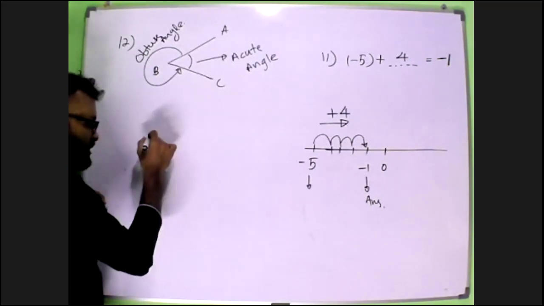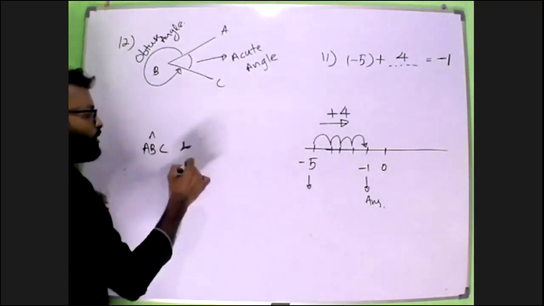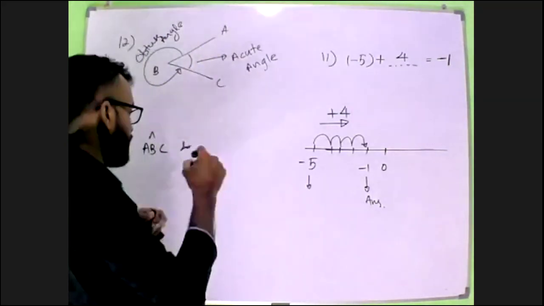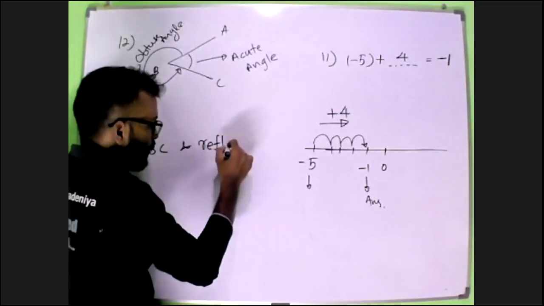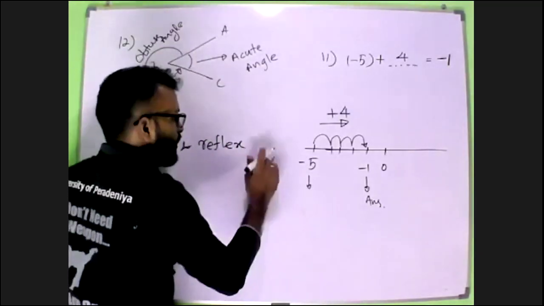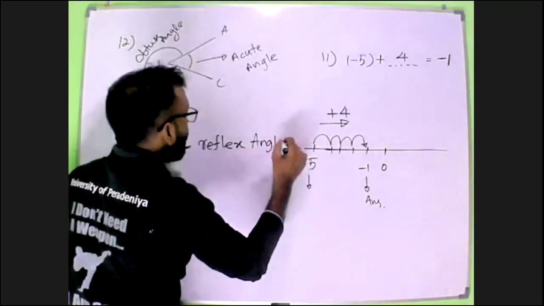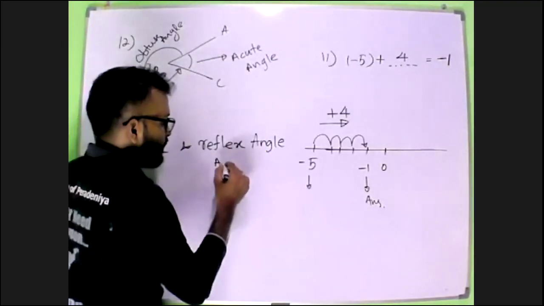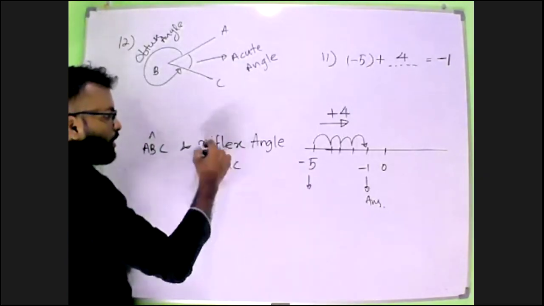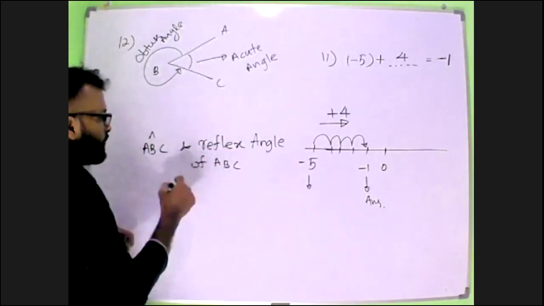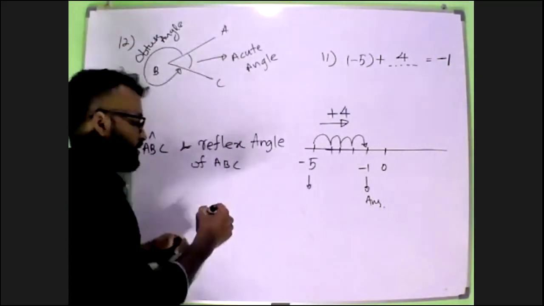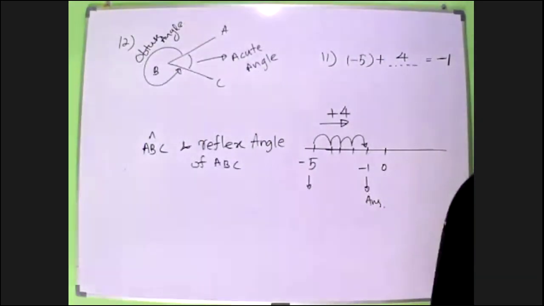What is the outside angle of that? What we said? Reflex angle. If you did this, this is correct. So I will write reflex angle of ABC. ABC angle and its reflex angle, outside there. So very easy.